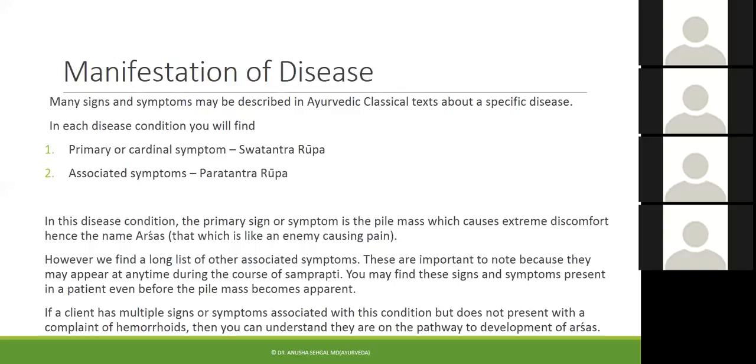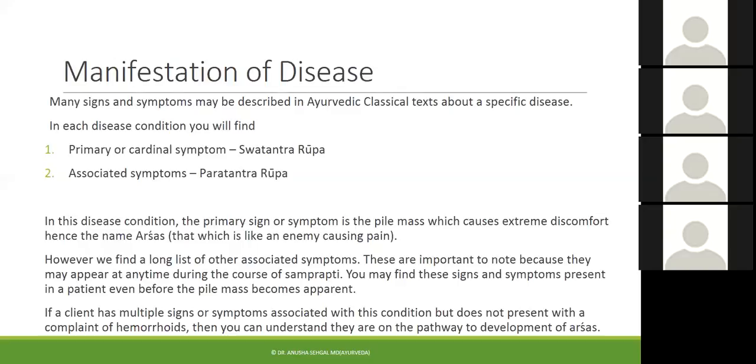Sometimes you're going to find other symptoms that are not necessarily attributed to the pile mass, but may be attributed to indications of an increase of Vata that will happen in the person before there is actual manifestation of the pile mass. Sometimes those symptoms appear at the same time when the pile mass has manifested, and sometimes these symptoms come on after the pile mass has appeared.